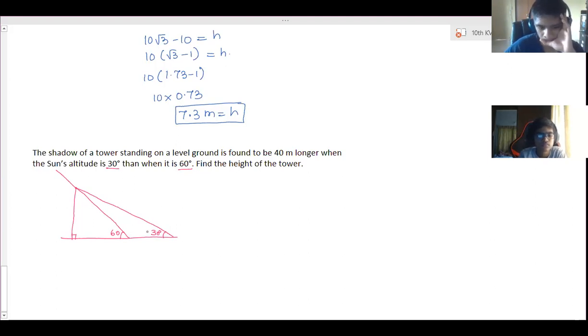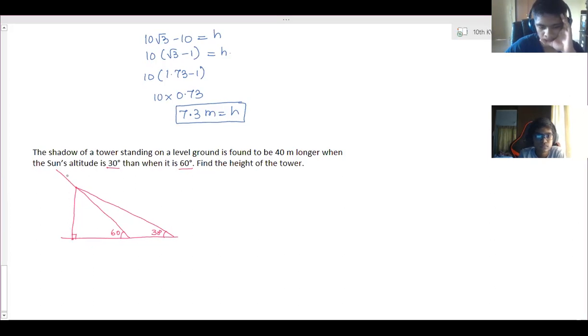Clear? Now, AB is a tower. BC is the shadow formed when the sun's altitude is 60 degrees. And BD is the shadow formed when the sun's altitude is 30 degrees. So when it is 30 degree sun's altitude, the shadow is 40 meters longer.